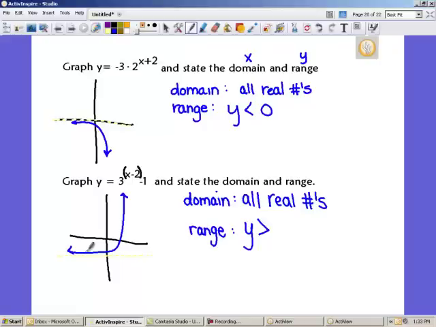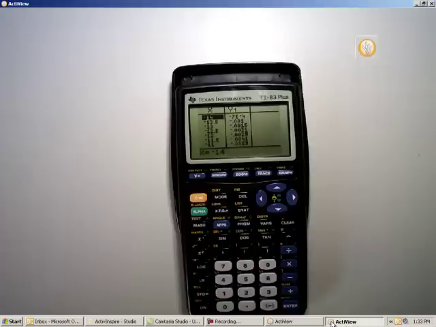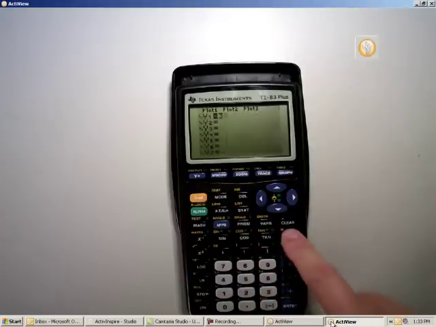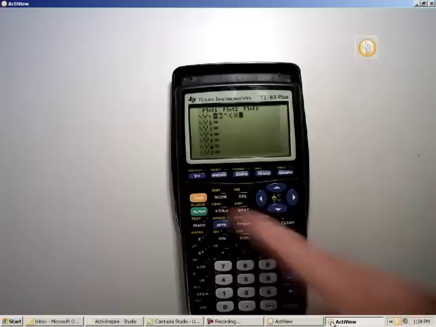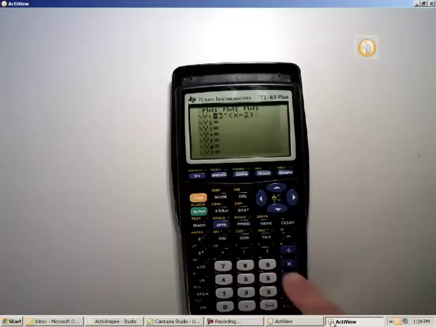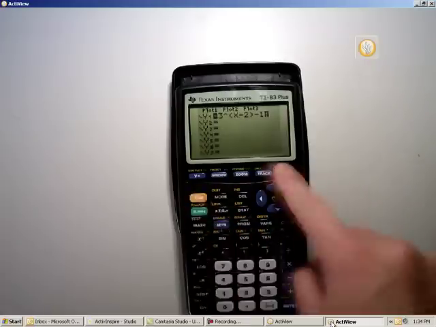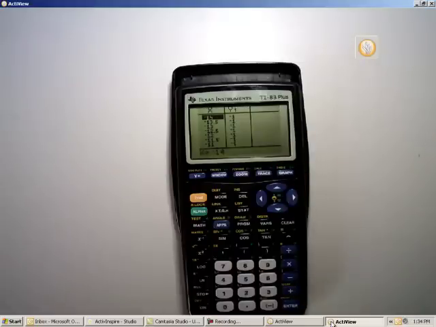So if you go back to your calculator, and I need to plug this in, so give me just a second. If you look in your table, you can tell that that number is -1.